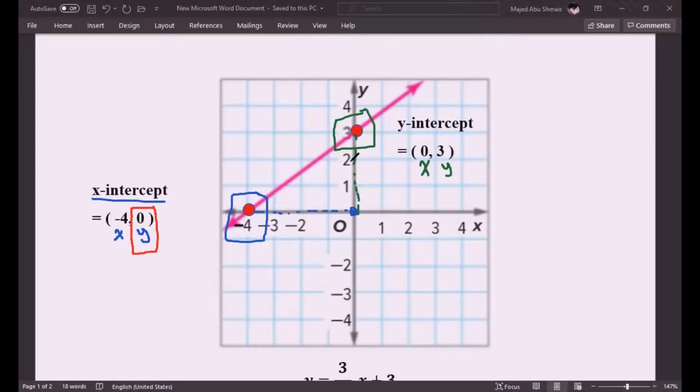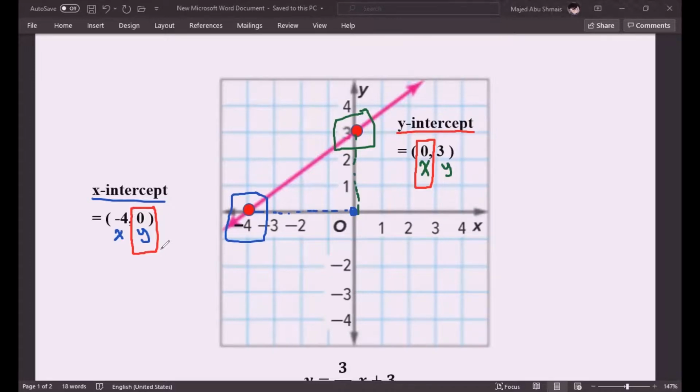The same thing goes for the y-intercept: it always has an x-coordinate of 0. They are opposite to each other. If we are talking about the y-intercept, the x-coordinate will be 0. And if we are talking about the x-intercept, the y-coordinate will be 0. Opposite to each other.